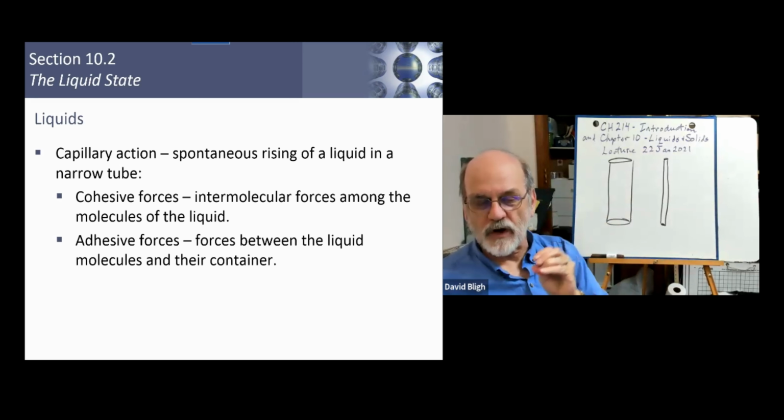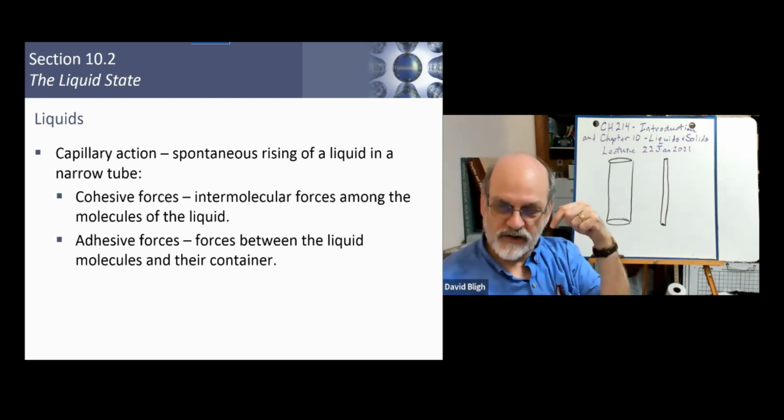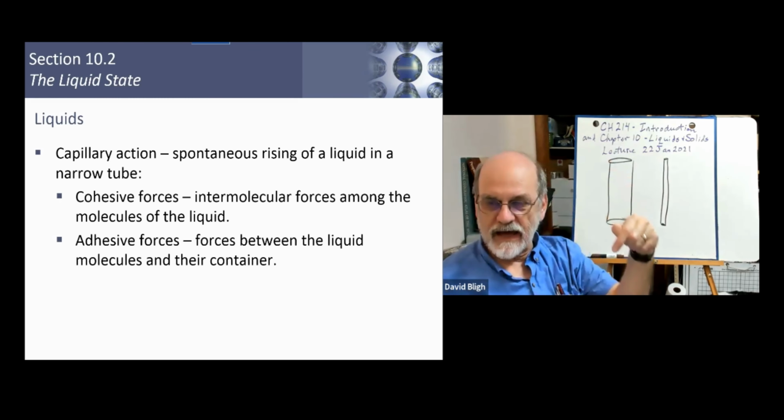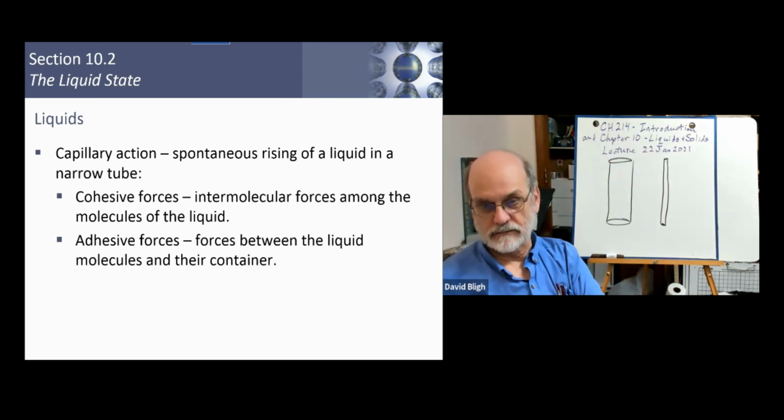There's a competition going on between cohesive forces and adhesive forces. Cohesive forces are those that attract the liquid to itself. That's what the co means, cohesive. Adhesive means other. So these forces are attractions between the liquid and the walls of the container.